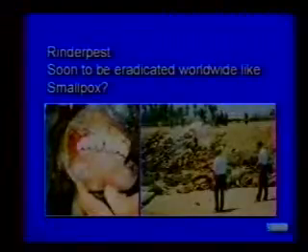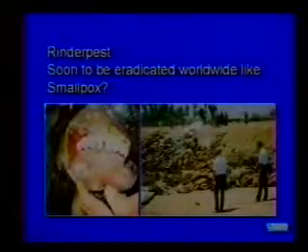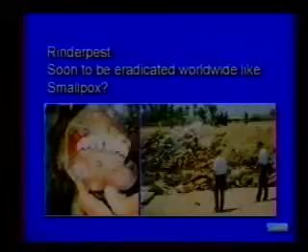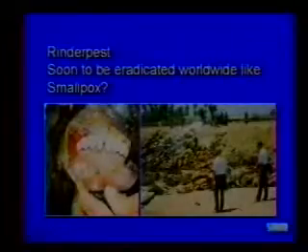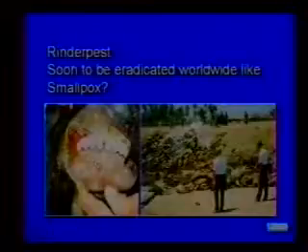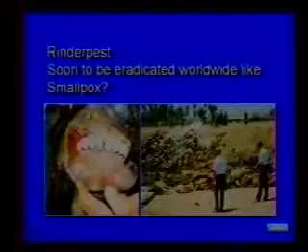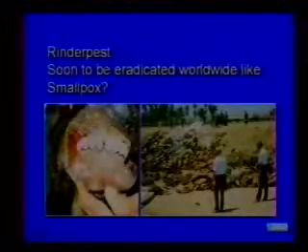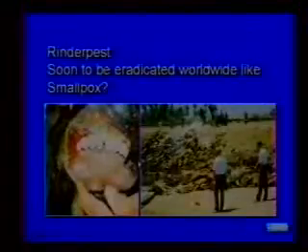And on the left you can see the erosive nature of rinderpest. Remember, this disease in the individual animal is very difficult to differentiate from bovine virus diarrhea, but it isn't vesicular as foot and mouth disease is. You can see that you've got erosions here also on the lips above the dental pad.